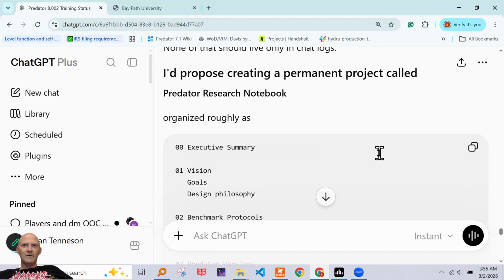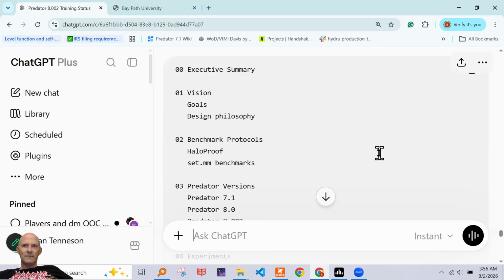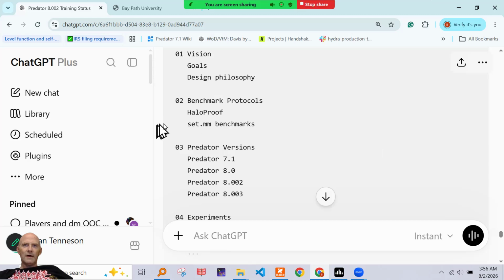Okay. Wow. I propose creating a permanent project called Predator Research Notebook. It's taking some initiative. Organized roughly as an executive summary. set.mm is, I don't know what it is. I think it's a document.